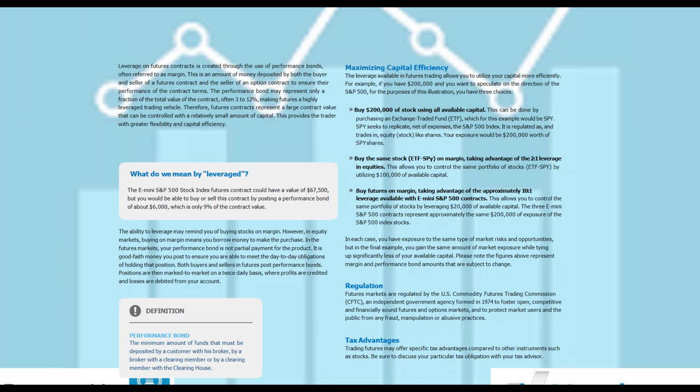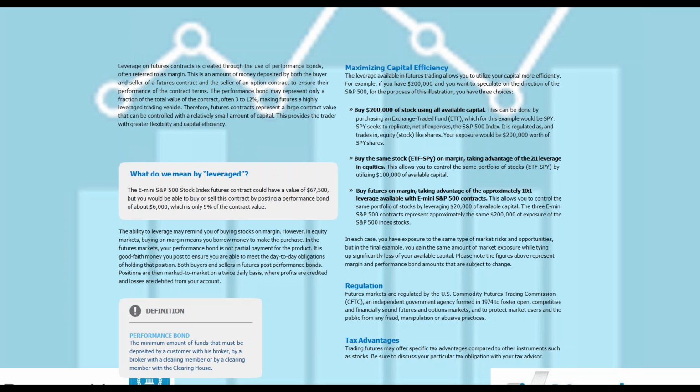Now, there is leverage on futures contracts. Leverage on futures contracts is created through the use of performance bonds, often required as a margin. This is an amount of money deposited by both the buyer and the seller on a futures contract, and the seller for an option contract, to ensure their performance of the contract.